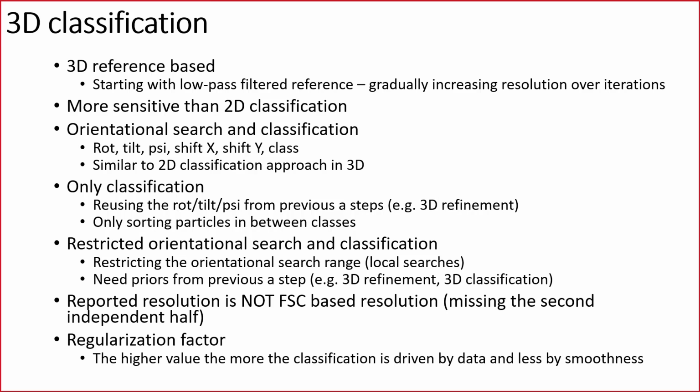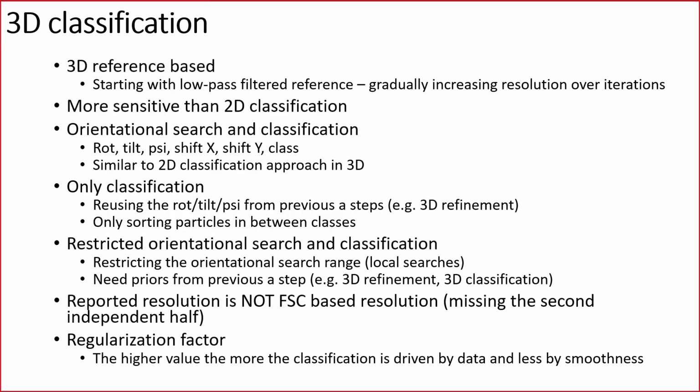We tell the classification not to move the particles anymore, they are at the correct place and orientation, only move the particles between the classes. This is a very fast classification and usually works well.